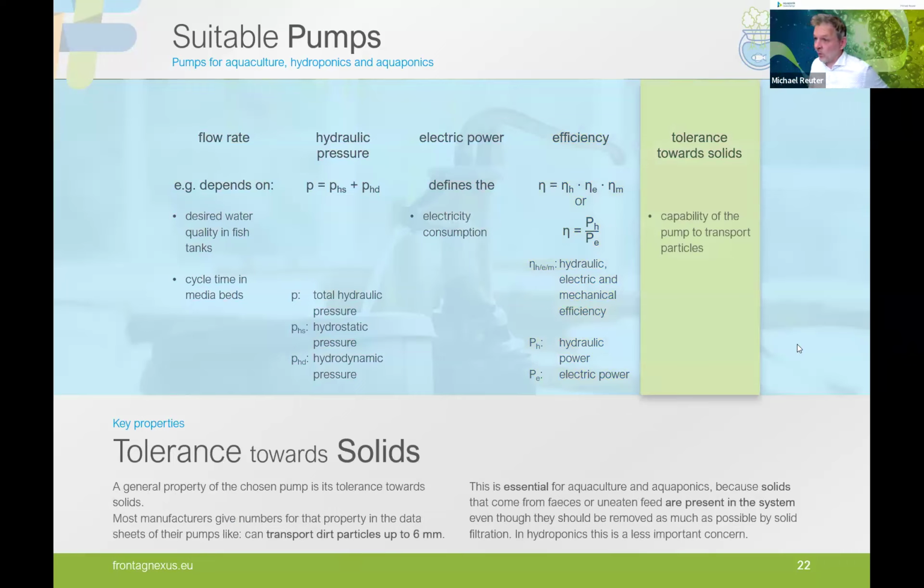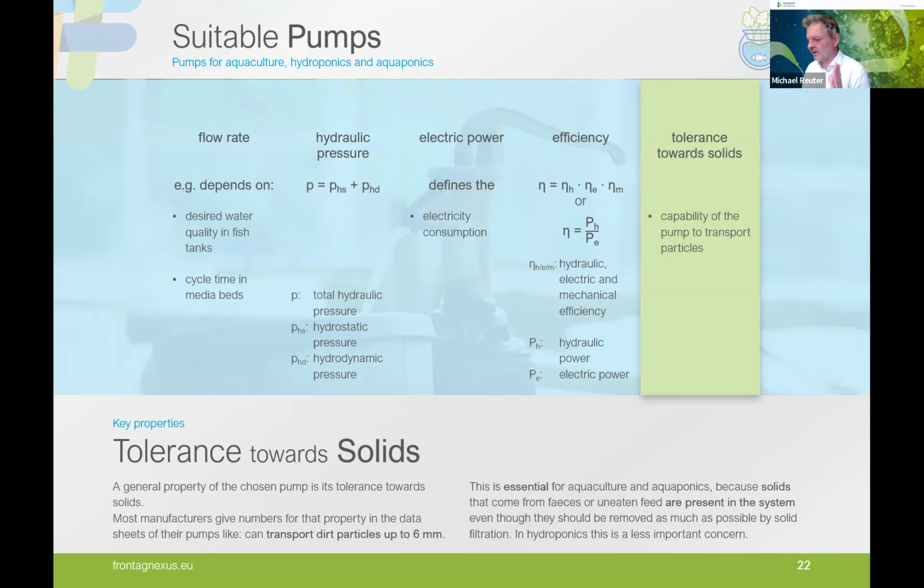And then one last point that is important, as I already said, is the tolerance toward solids. That is the size of particles that the pump will be able to transport. This is usually not unimportant because we will have some solids in our fish water, but as a pump is best placed behind the solid removal filter, it usually doesn't have to transport very large particles.